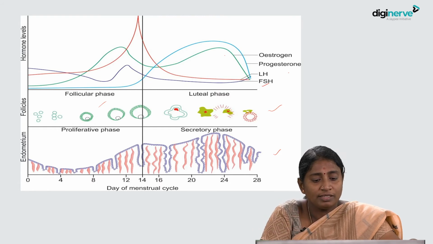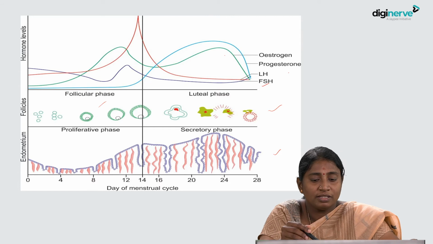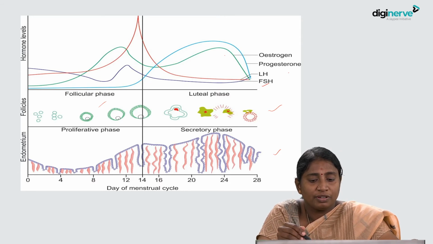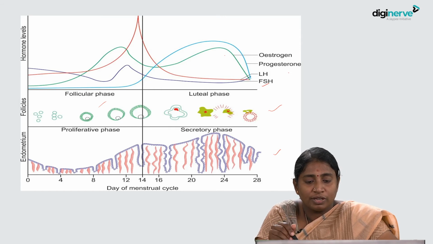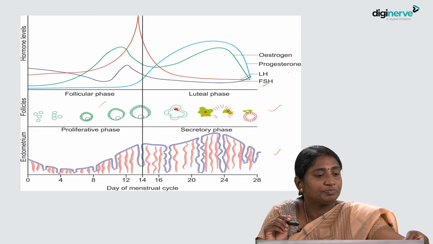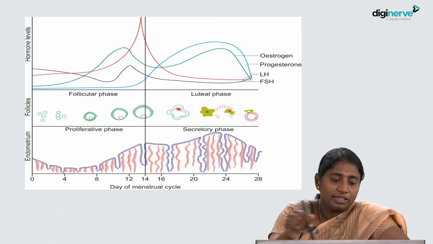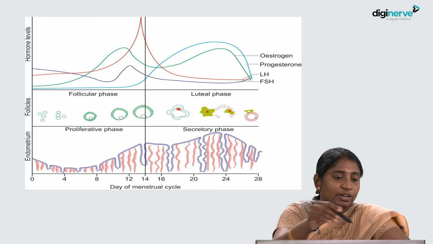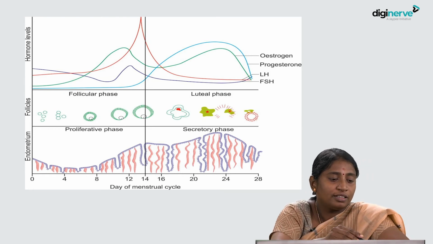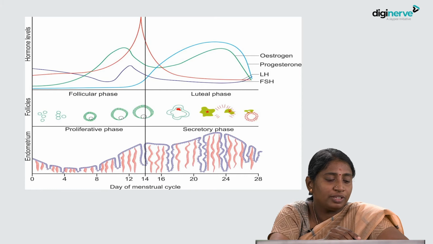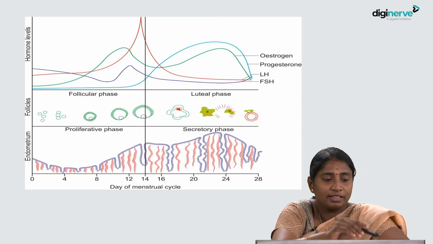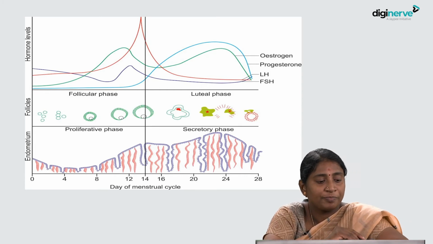This is followed by the secretory phase after ovulation, the rupture of the Graafian follicle, and release of the ovum, which happens during this luteal phase. So, this is a graphical representation: on the x-axis the days are marked, on the y-axis the hormone levels, the follicular stage in the ovarian cycle, and the endometrial cycle.